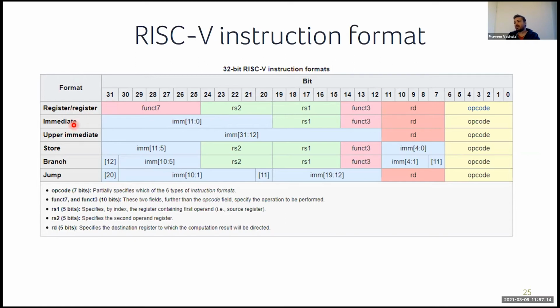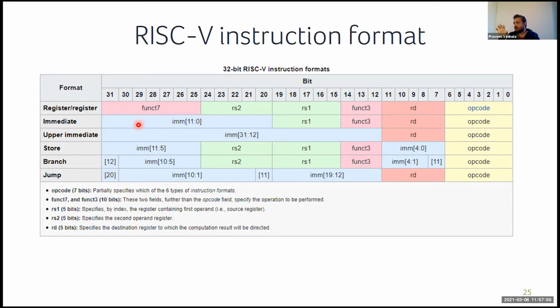Let's look at some of the details about instructions provided. As you can see, there are 6 different instruction formats. Each instruction will be coded using 32 bits. An instruction is a combination of what is the operation that it needs to perform, what is the source register, and what is the destination register.